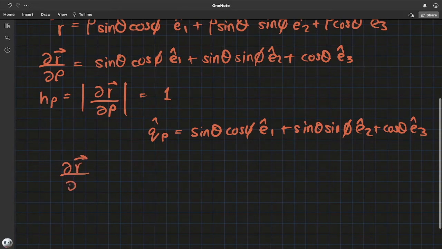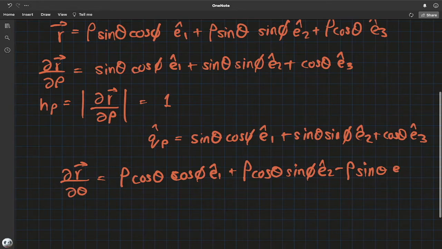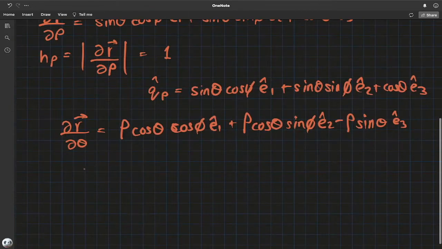Partial r with respect to theta is rho cosine theta cosine phi e1 hat. I'm just differentiating this with respect to theta now. Rho cosine theta sine phi e2 hat, negative rho sine theta e3 hat.